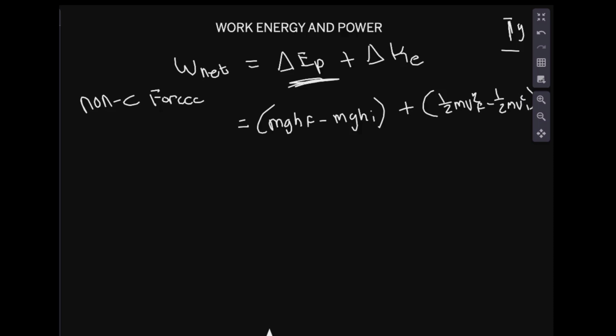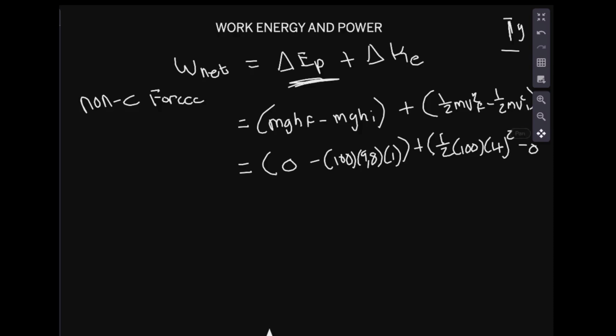Okay, the final one is 0 height. First one is 100, 9,8 multiplied by 1, right? Plus I have a half of 100 multiplied by 4 squared minus 0, right?